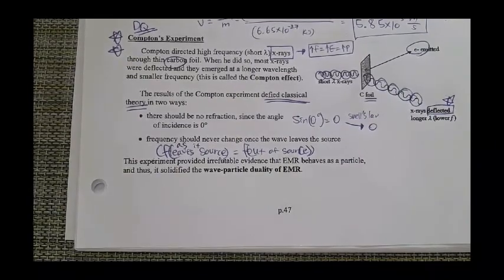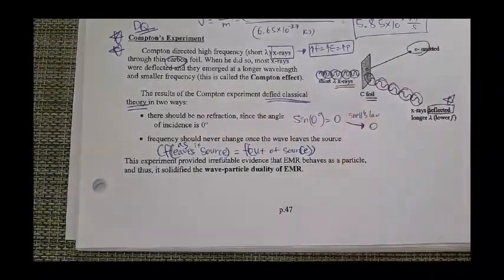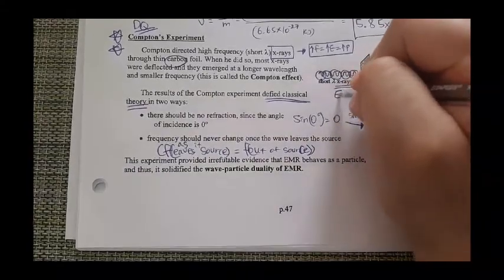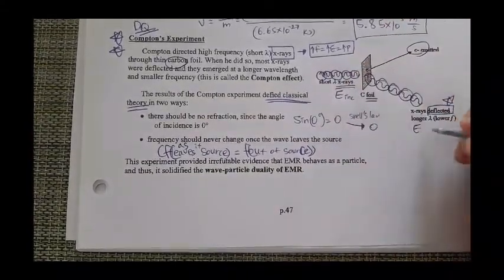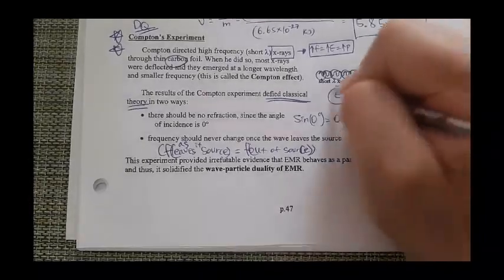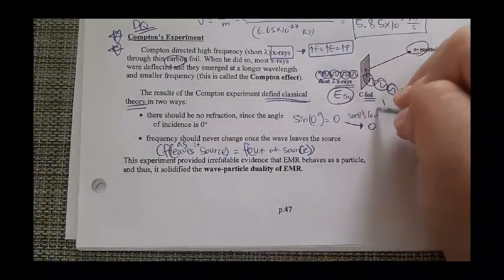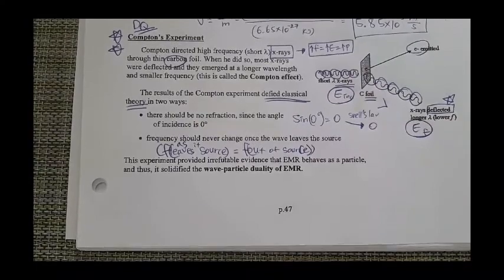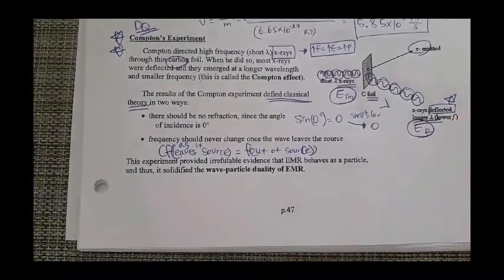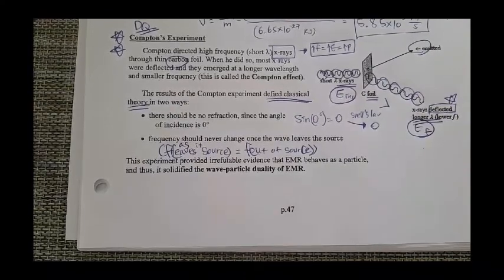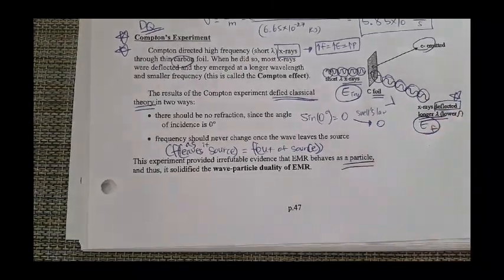However, what he discovered was about X-ray energy. I'm going to put incoming energy and final energy. When you compare these two, incoming energy was higher. In fact, we found that the X-rays have slightly longer wavelength. And this experiment was irrefutable evidence that electromagnetic radiation, light, behaves as a particle.